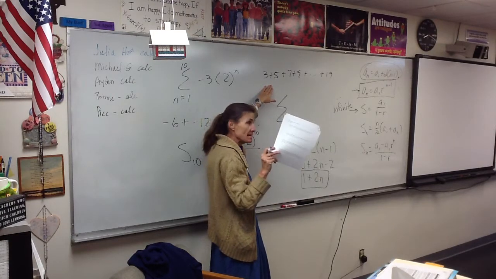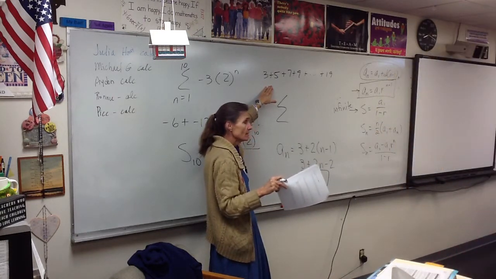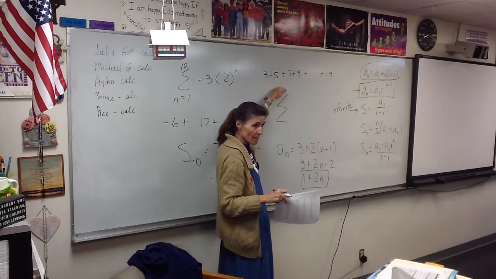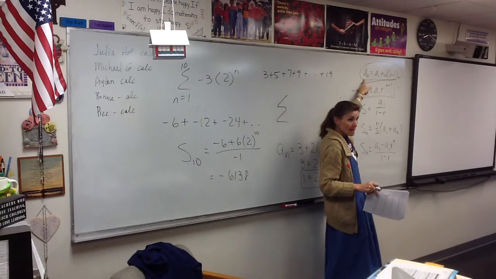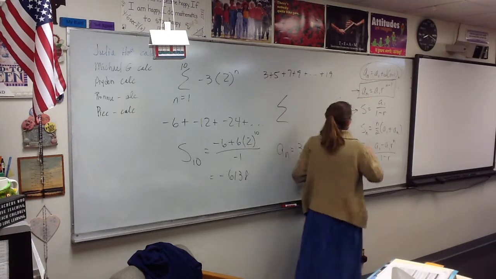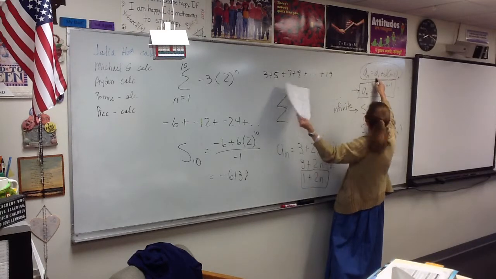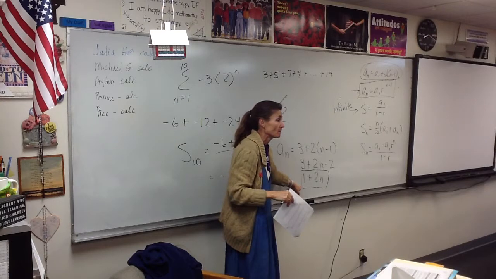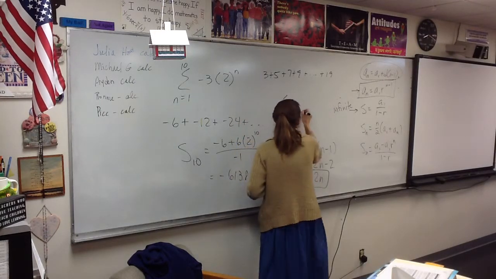Now, I didn't do that magically. There's no mystery. You told me this is arithmetic. That's my arithmetic formula. So I just plugged in my specific first term and my specific common difference, and I came up with this. That is what goes here.